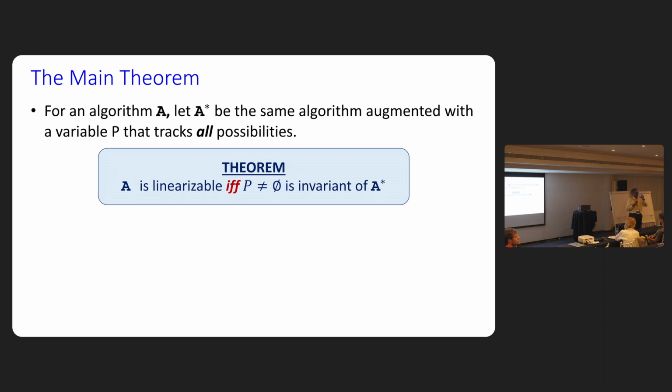Imagine we have a non-linearizable algorithm, and we have an example of a sequence of steps in which it's obvious that that's because it's not linearizable.